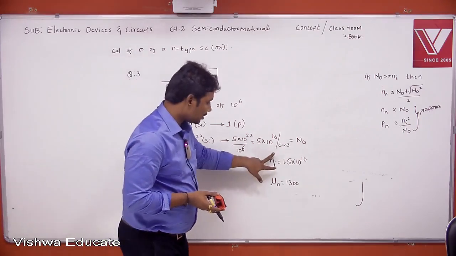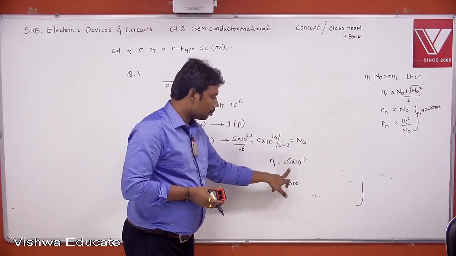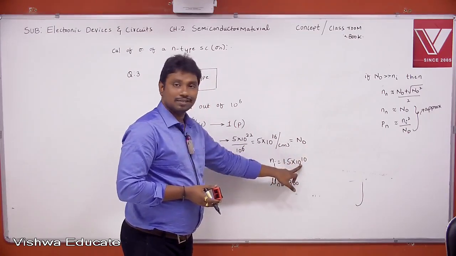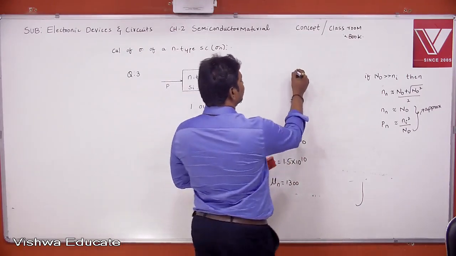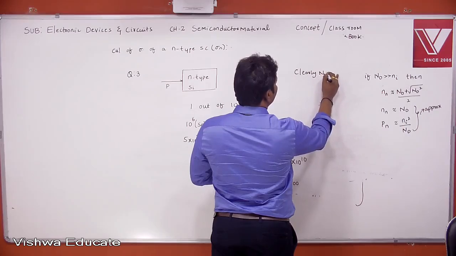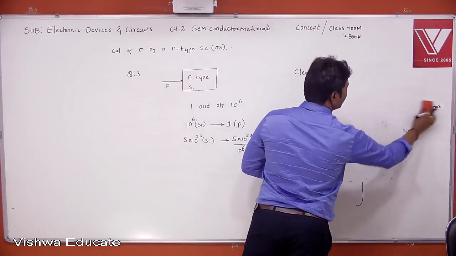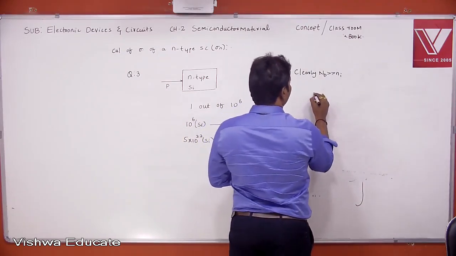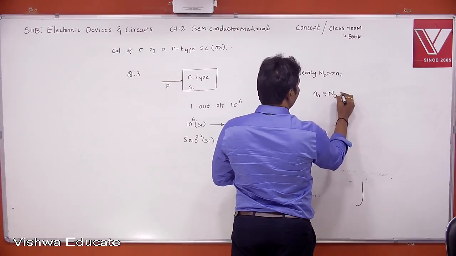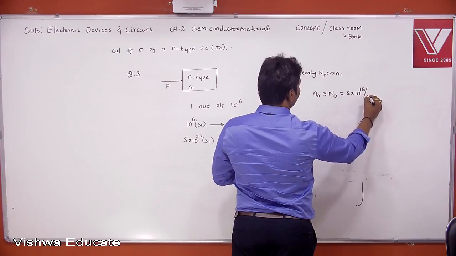How do you know whether we can choose exact or approximate? See these two concentrations. Nd is 5 into 10 power 16, ni is 1.5 into 10 power 10. Clearly Nd is far greater than ni. Then we can go for the approximation, that is Nn is approximately equal to Nd, which is 5 into 10 power 16.